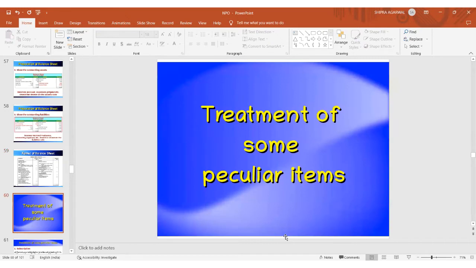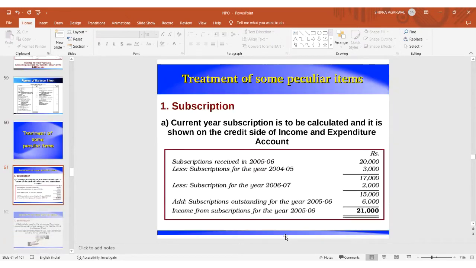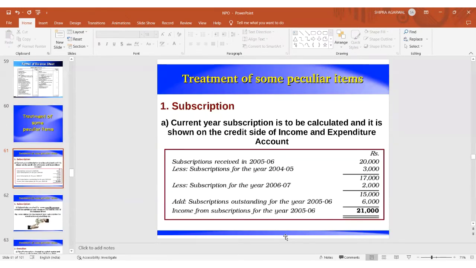Now, there are certain peculiar items which need a special mention. Like, for example, the subscription. You have to calculate the current year subscription that is to be shown on the credit side of the income and expenditure account. Because I told you the income and expenditure account is prepared on the accrual basis, right?